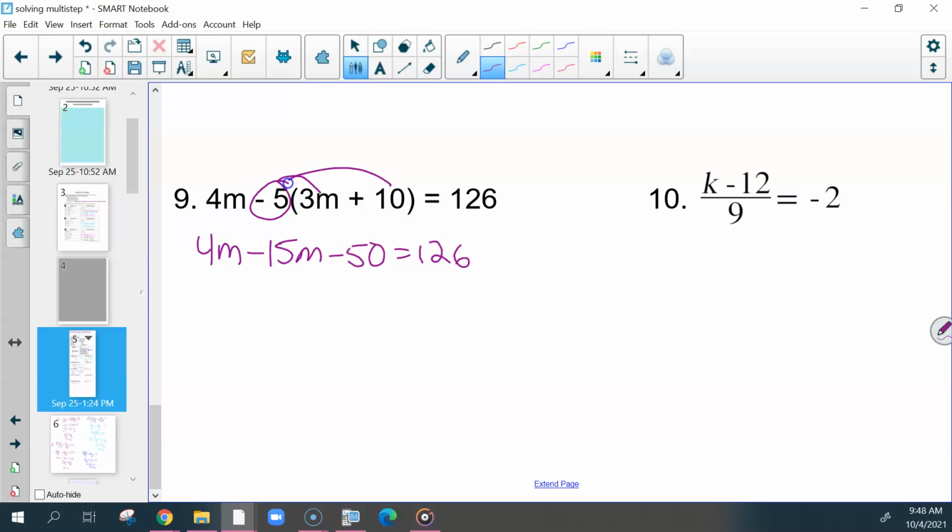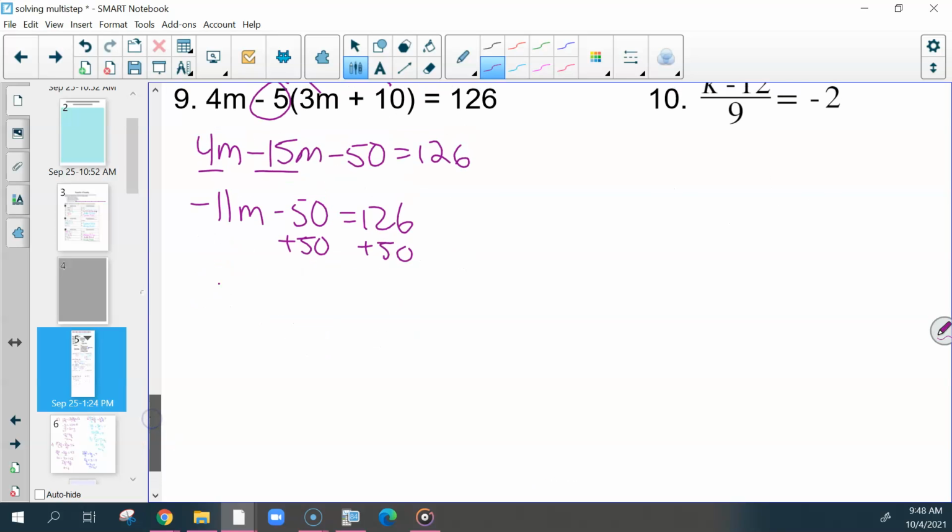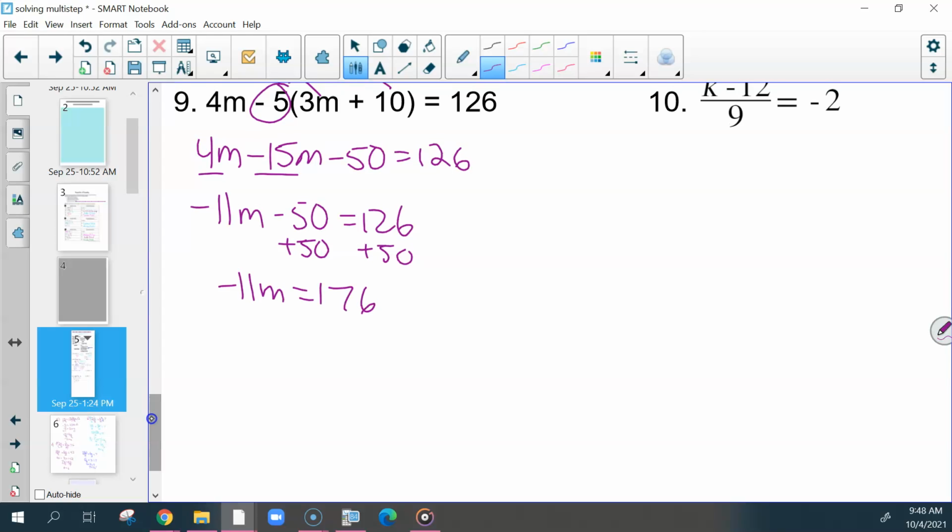So 4m minus 15m. Now it looks like some of the simpler problems. Solve for m. Add 50 to both sides. And divide both sides by negative 11.